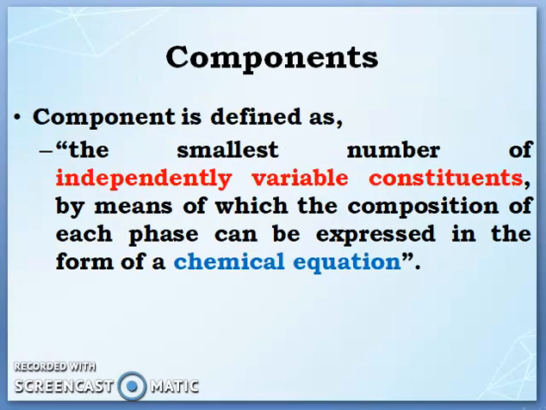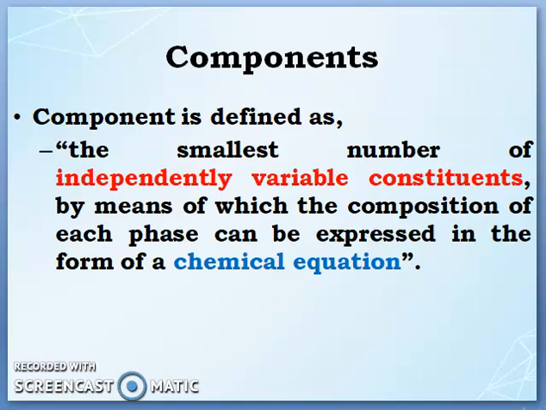What is a component? A component is defined as the smallest number of independently variable constituents by means of which the composition of each phase can be expressed in the form of chemical equation.